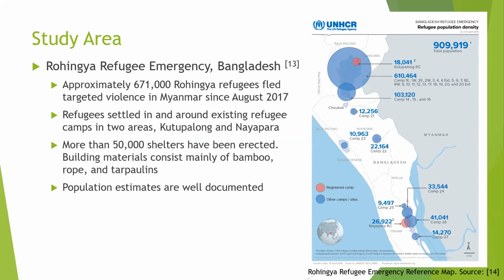Additionally, I chose the study area because the population estimates are well documented, which are needed for image-based population estimates, as well as providing a baseline to compare my tool to, to see if this is a viable option for population estimates for refugee and IDP camps.